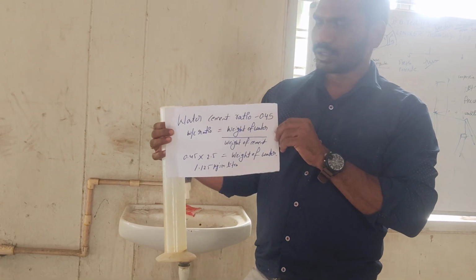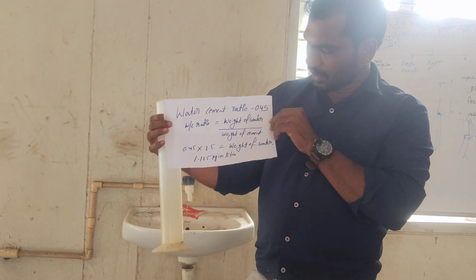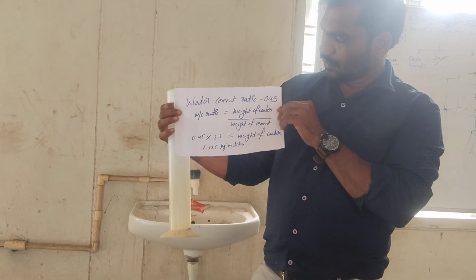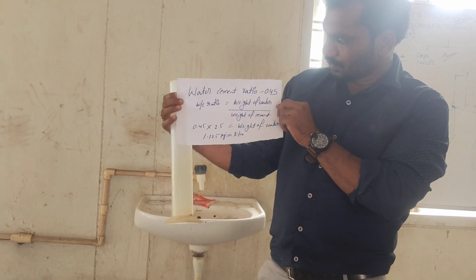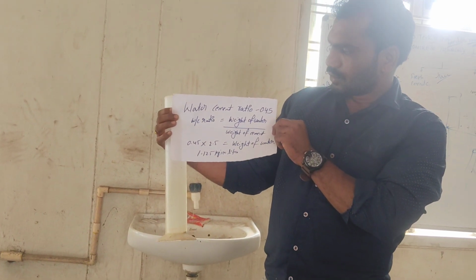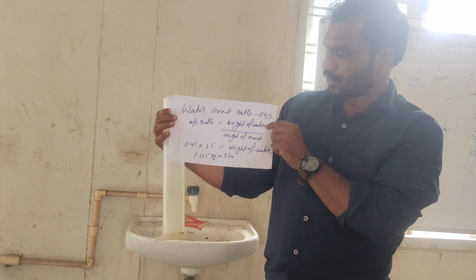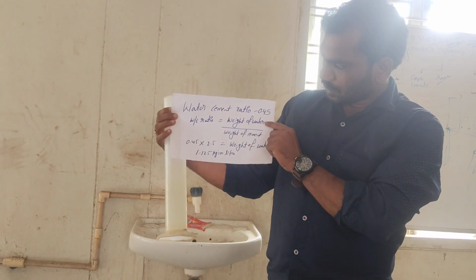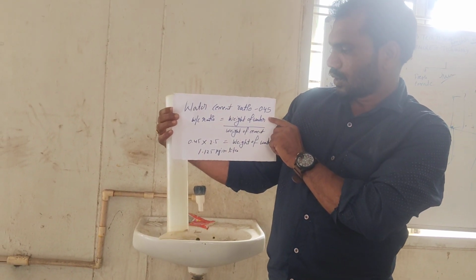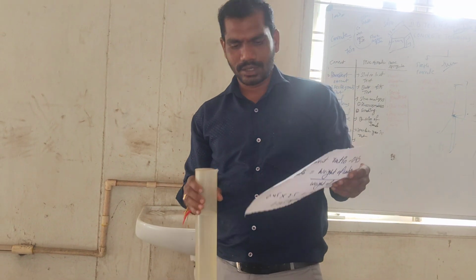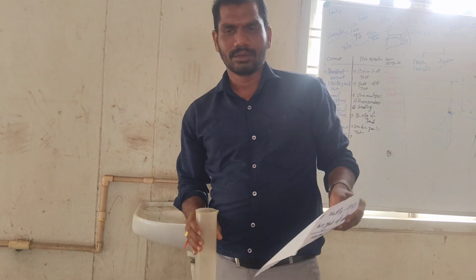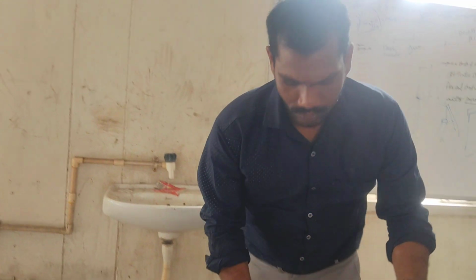Water cement ratio is the weight of water by weight of the cement. So the weight of the water is equal to the water cement ratio into the weight of the cement. I calculated and got 1.25 liters of water to be added in the mix proportion for M20 grade concrete.